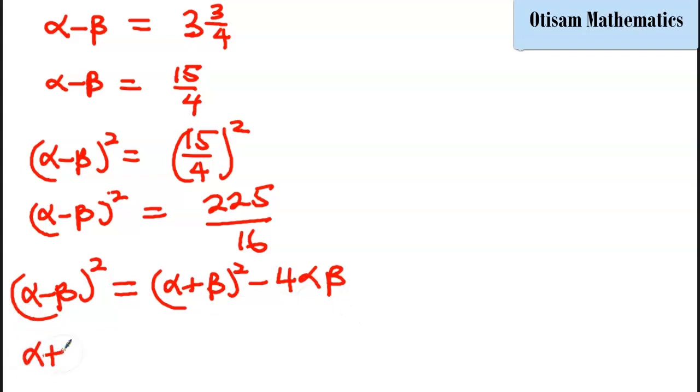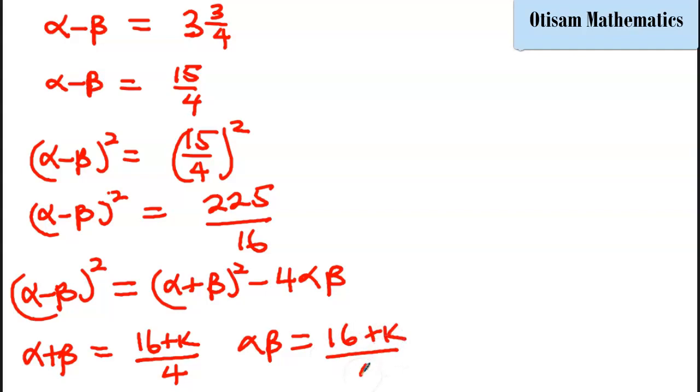So we have established that the sum of roots is (16 plus k) on 4, and the product of roots is also (16 plus k) on 4. So we are now going to substitute this in this equation.